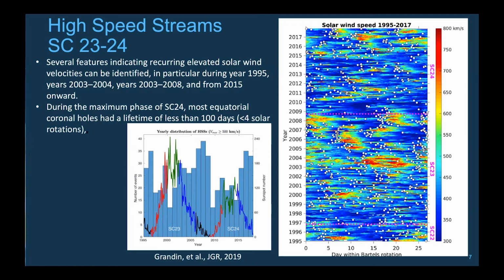And this other plot here just shows a histogram of the number of high-speed streams in cycles 23 and 24. In 2003 really was the most energy pumped into geospace from the high-speed streams. And you can see in solar cycle 24, at 2015, this abrupt shift in how many high-speed streams are coming through. Next slide.